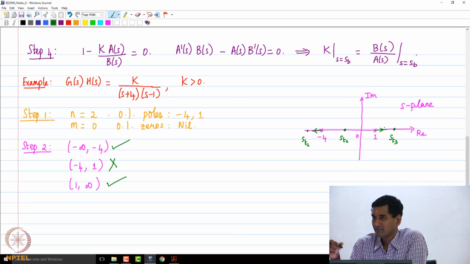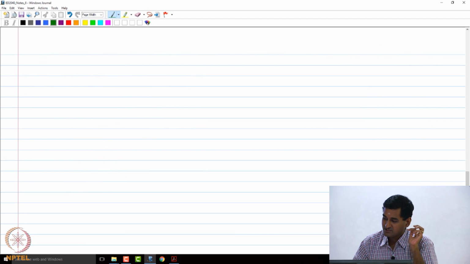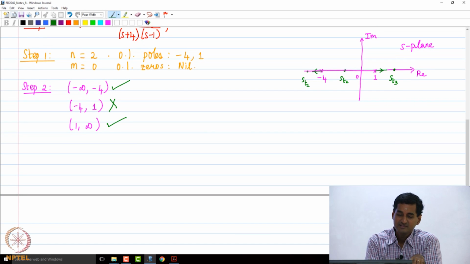The branch from -4 started towards the right, and the branch from +1 started towards the left. Now the situation is just flipped, and that's due to the fact that the scenario has changed. So that's something which we need to observe. Let's go to the next step, step 3.